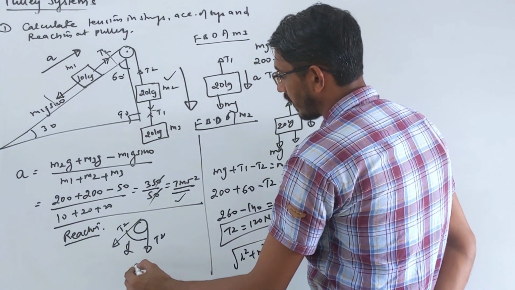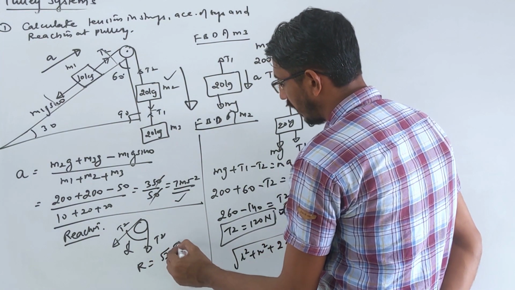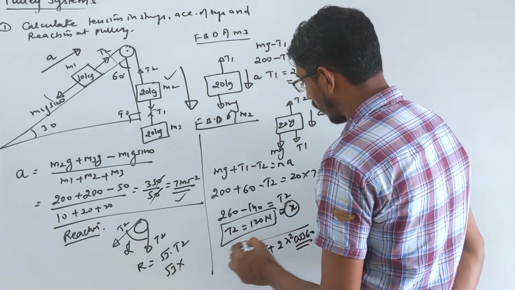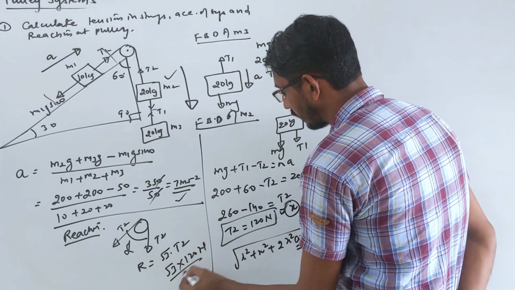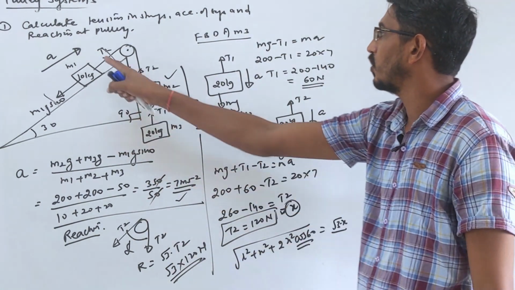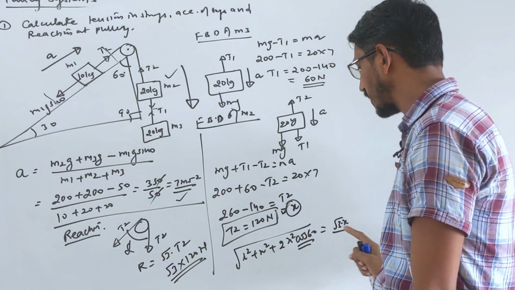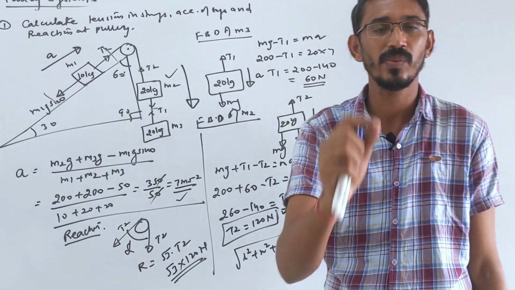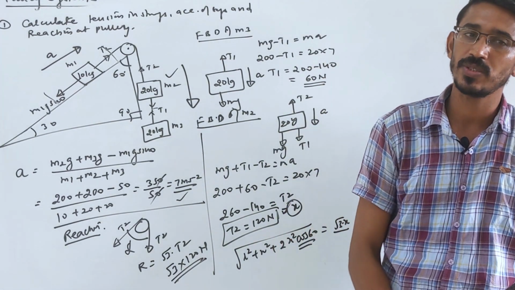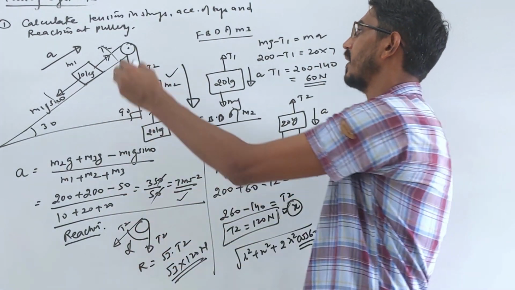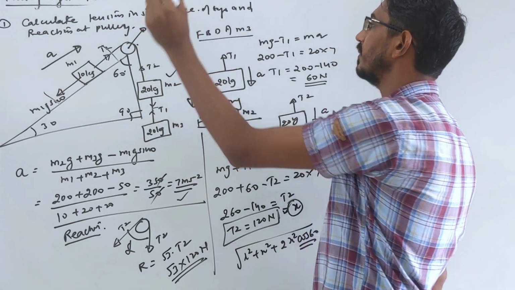So the reaction we get is root 3 times T2, and T2 we already calculated as 120 Newton, correct? These are two forces T2 and T2, acting at 60 degrees. So I took the vector sum of them by writing the vector addition formula, root of a square plus b square plus 2ab cos theta. That's the reaction R at this pulley, right?